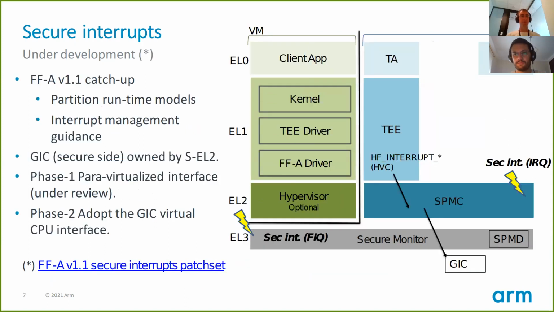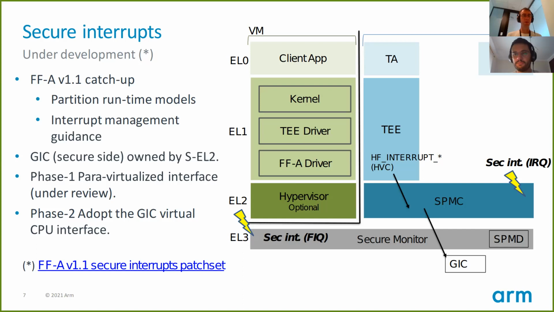About secure interrupts, ongoing development. This is a catch-up to FF-A v1.1, implementing partition runtime models and the guidance for interrupts. As shown in the picture, secure interrupts can occur while the normal world runs and are brought to EL3, or while the secure world runs and are brought to the SPM at S-EL2. The GIC hardware is owned by S-EL2 in that case.